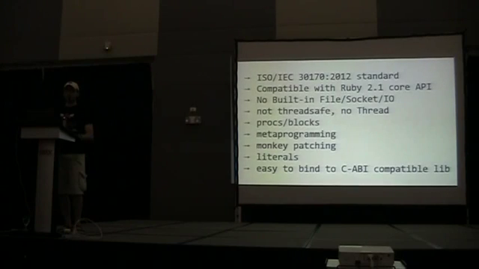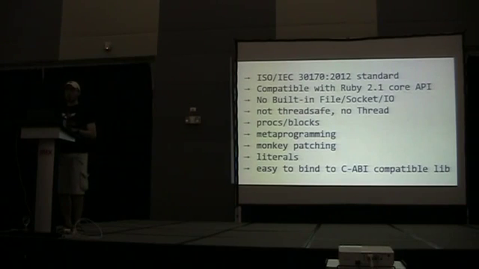So, MRuby. MRuby is a new Ruby that Matz started to be light and easily embeddable. It complies with the ISO standard of Ruby and it's compatible with the Ruby 2.1 core API. Because it wants to be light, simple and portable, there's no built-in file, socket or I/O, but you will find them in specialized MRuby gems.